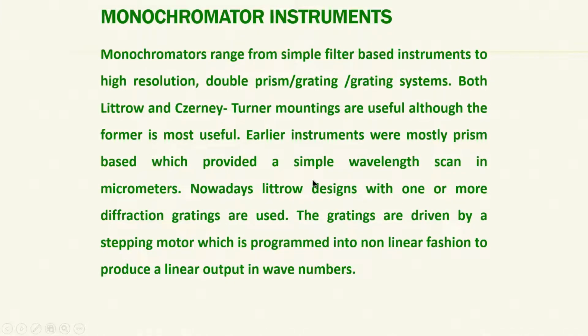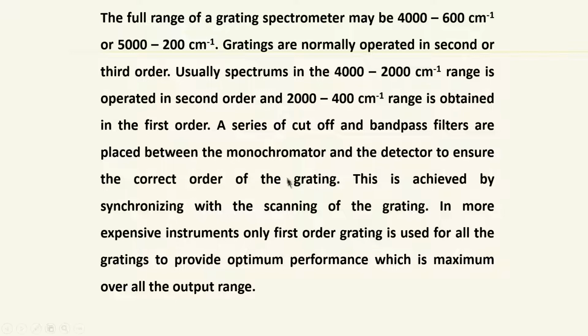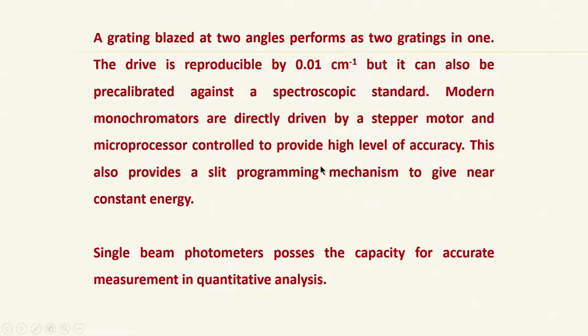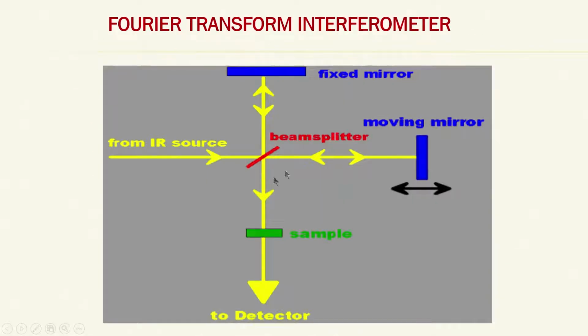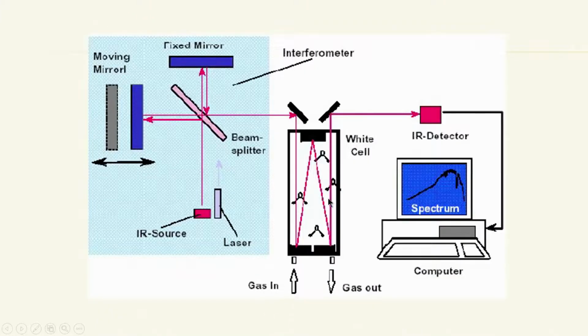These are dispersive instruments, and then I had given you the range, and talked a little bit about grating blazing. Then I showed you this picture, the FTIR instrument optics, which contained a source, a beam splitter, a moving mirror and a fixed mirror, and sample and detector. I had shown you this figure of the actual optical system existing in an instrument.